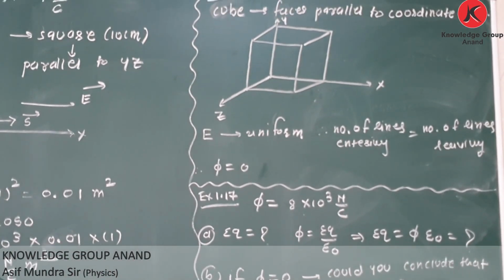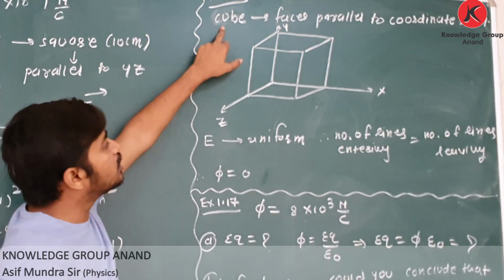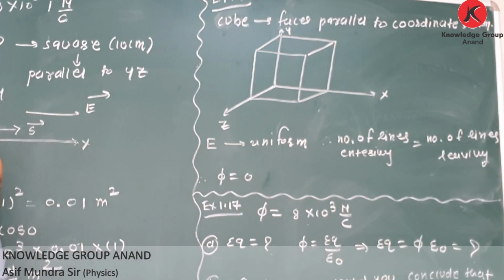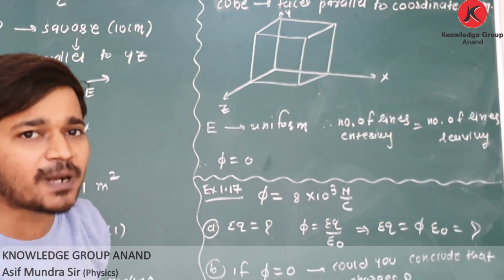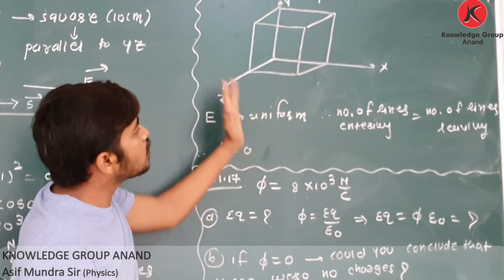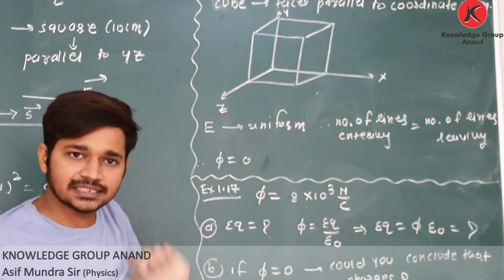Next, exercise question number 1.16. It is related to 1.15 with one change. You are given one cube with faces parallel to the coordinate system, and you have to find the flux passing through this cube. See, the x, y, z faces are all parallel to the coordinate system.